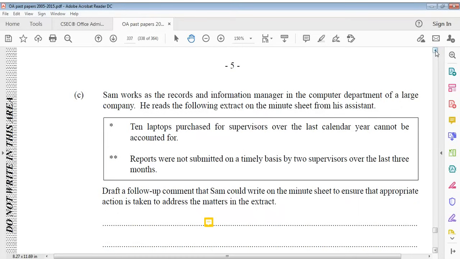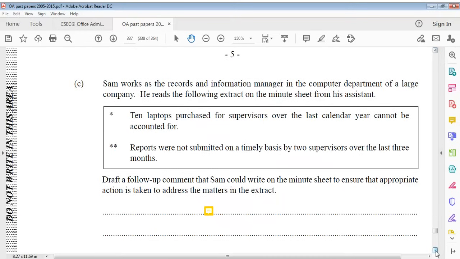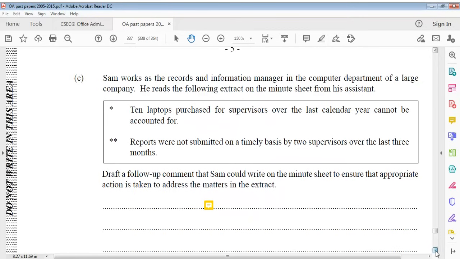First one, 10 laptops purchased for supervisors over the last calendar year cannot be accounted for. 2, reports were not submitted on a timely basis by two supervisors over the last 3 months. Draft a follow-up comment that Sam could write on the minute sheet to ensure that appropriate action is taken to address the matters in the extract.